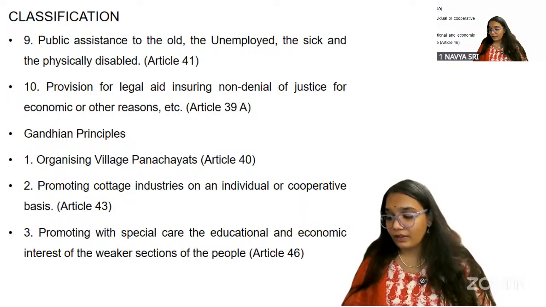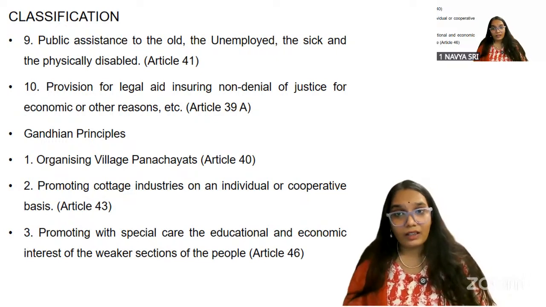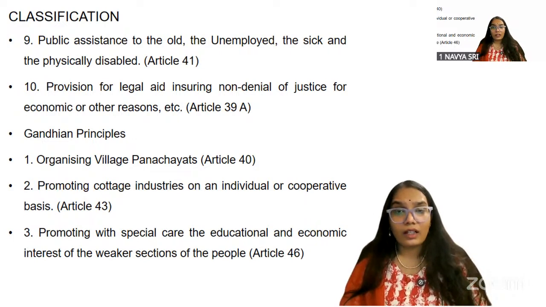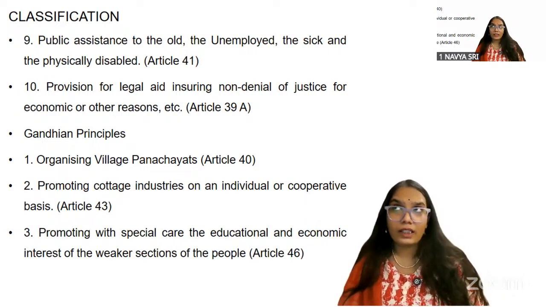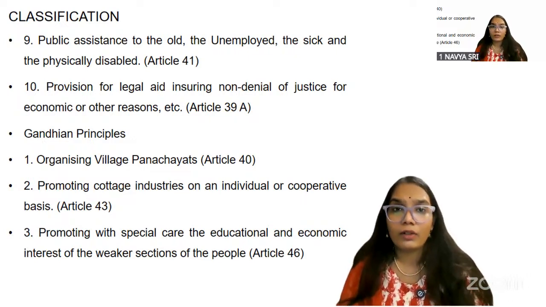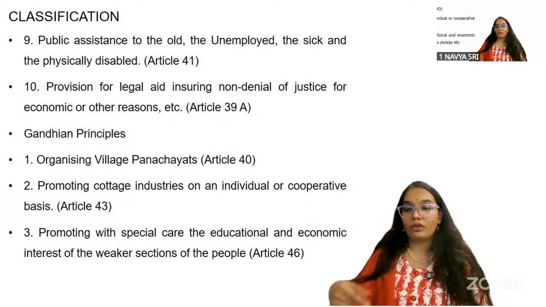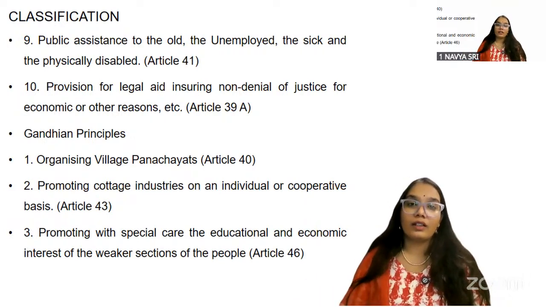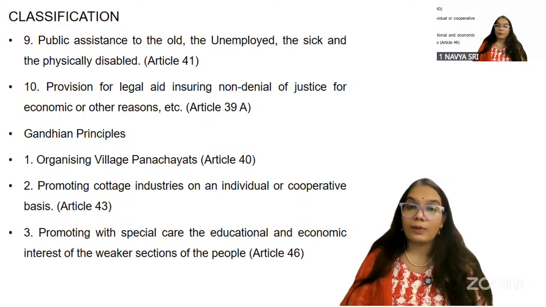Then he went for trusteeship, and he also held that revolution shall start from the lowest level, then reach the hierarchy above. And he also went by the philosophy of concentric circles, the horizontal circles. If you remember all such things, it would be easy for you to understand the Gandhian principles of DPSP.